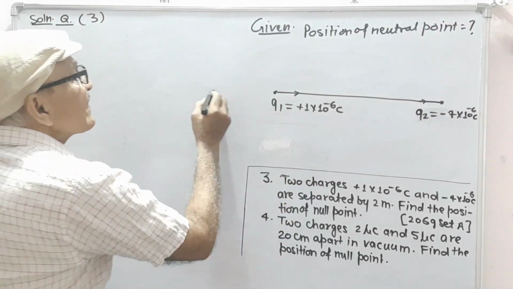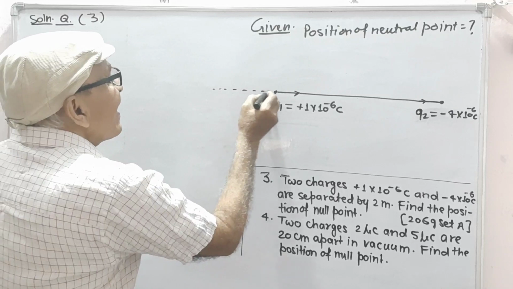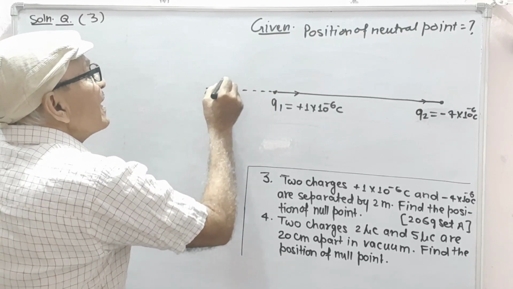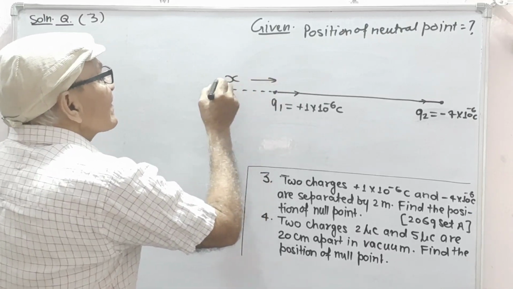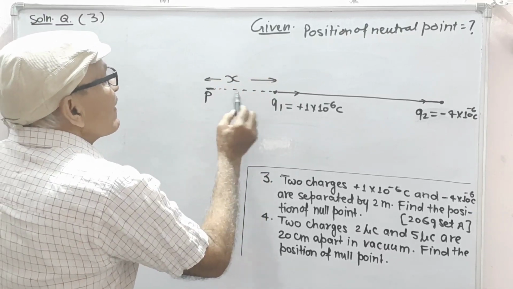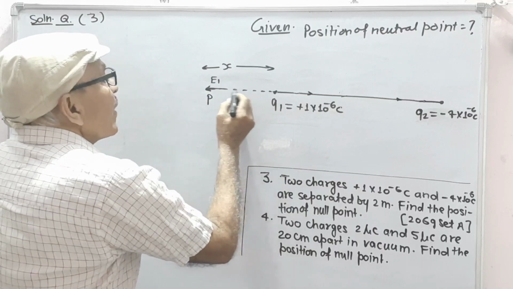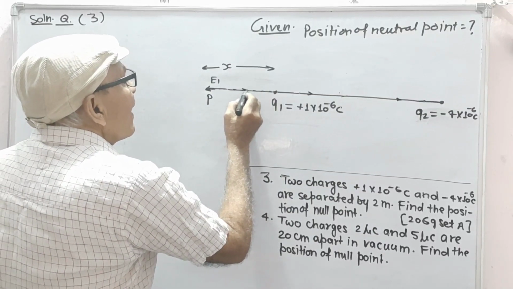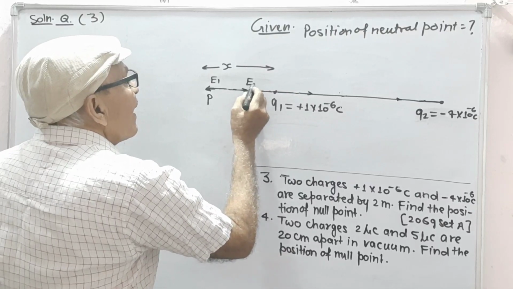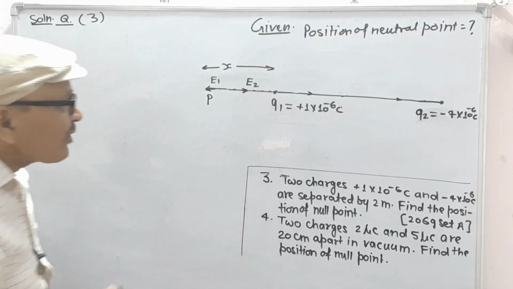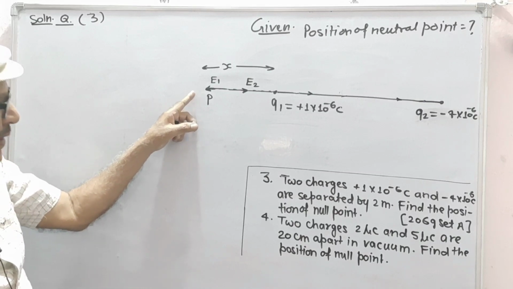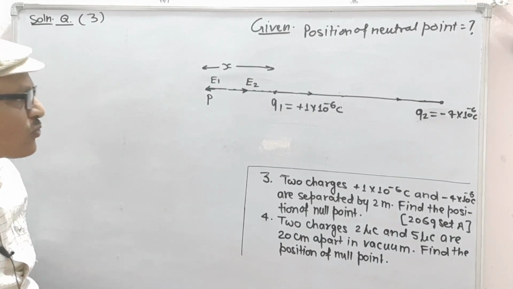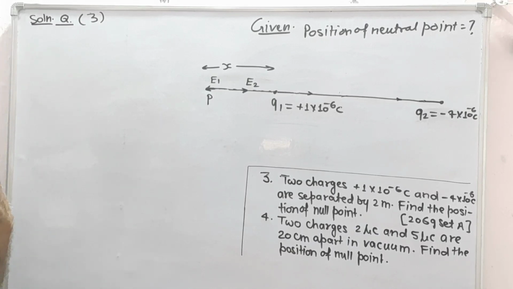Now, if we consider the neutral point at point P at distance x, then at this point E1 must cancel E2 in order for point P to be a neutral point.